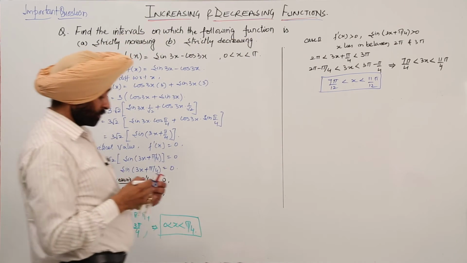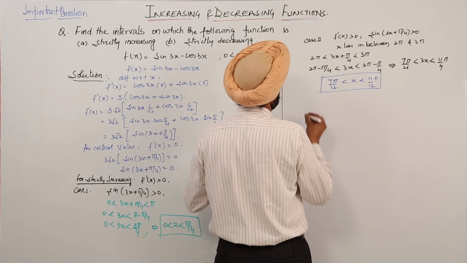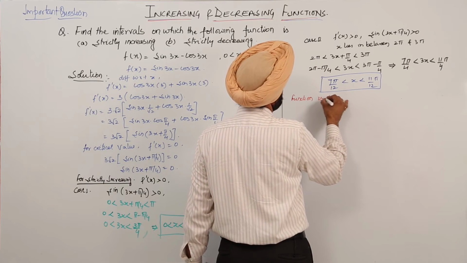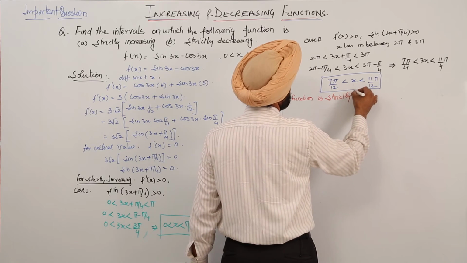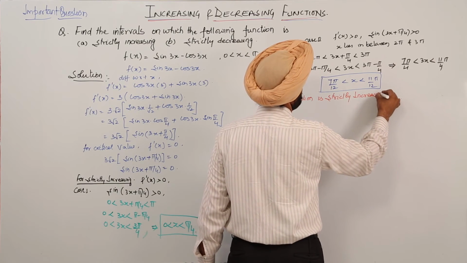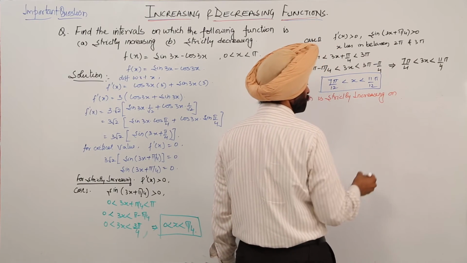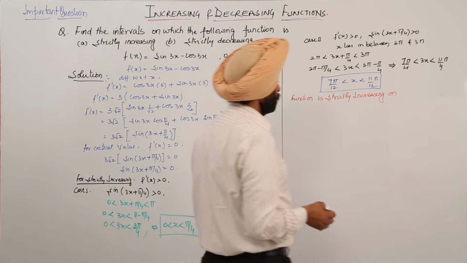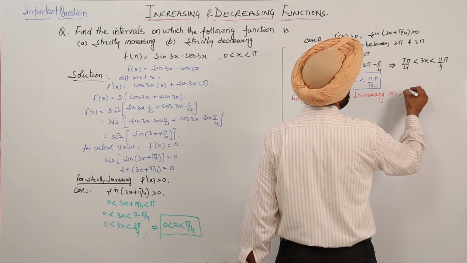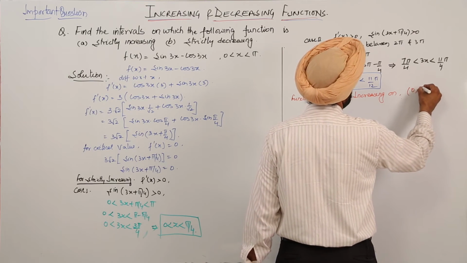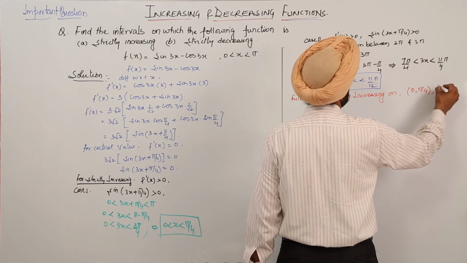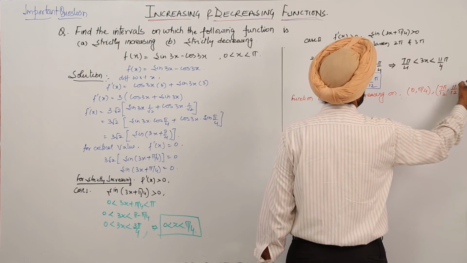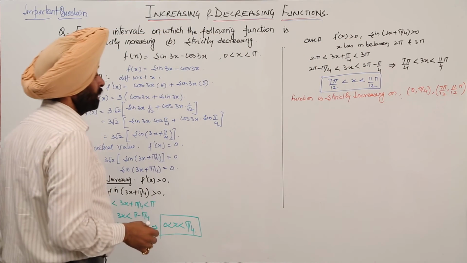Second, we have two things now. Now we can write it: the function is strictly increasing on 0 comma pi by 4 and 7 pi by 12 comma 11 pi by 12, like this.